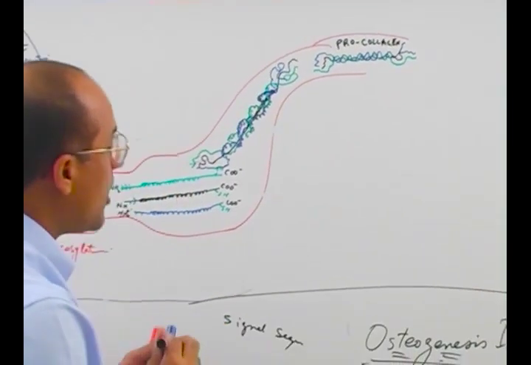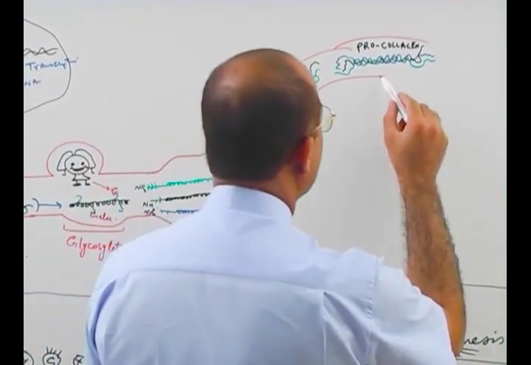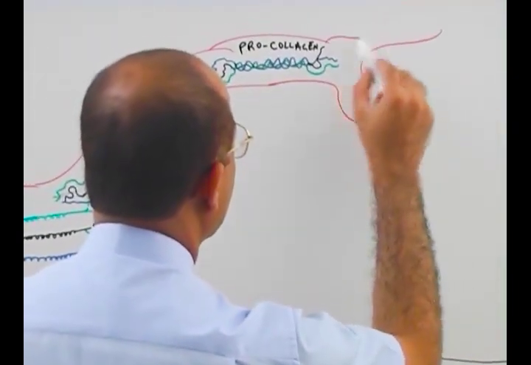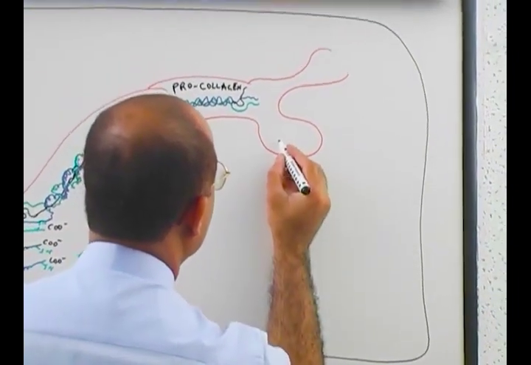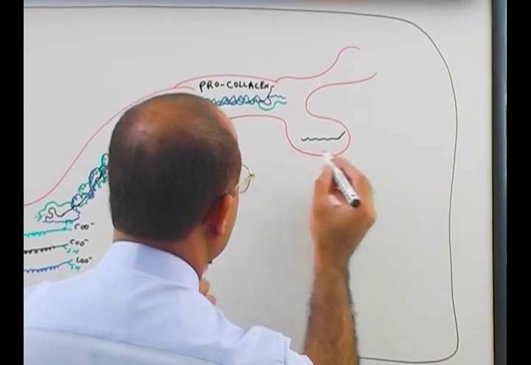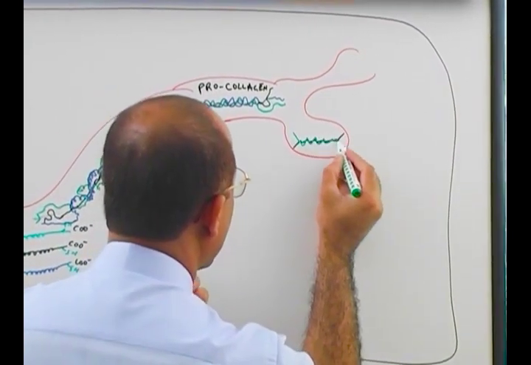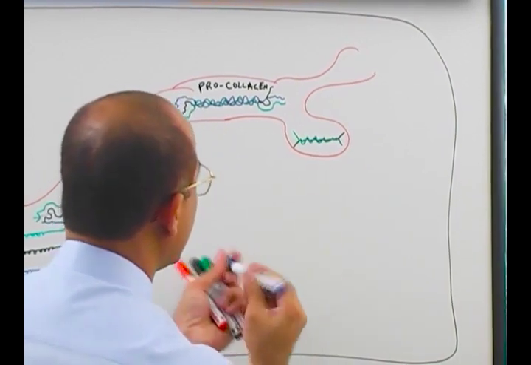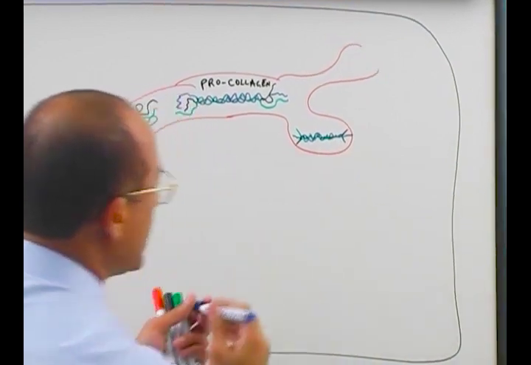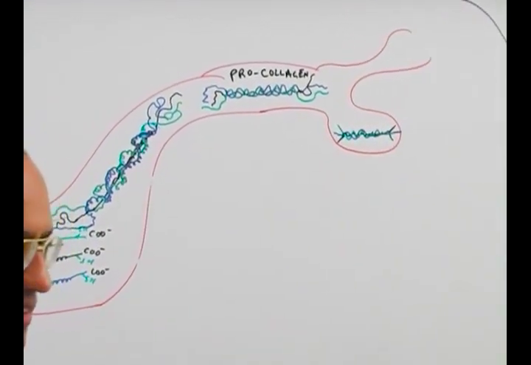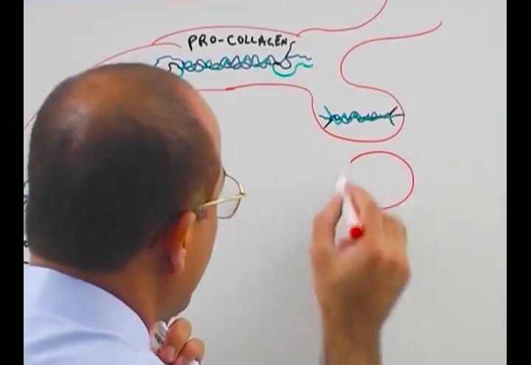Now, this pro-collagen from endoplasmic reticulum is packed into some vesicles, and then this vesicle breaks away from the endoplasmic reticulum.